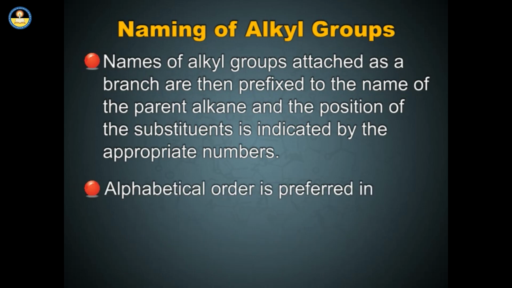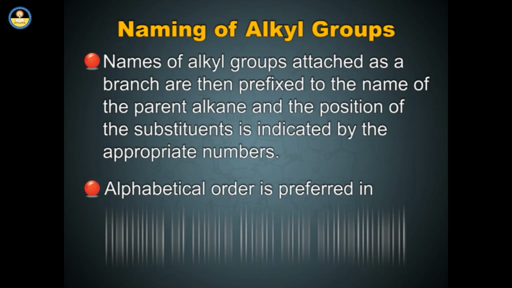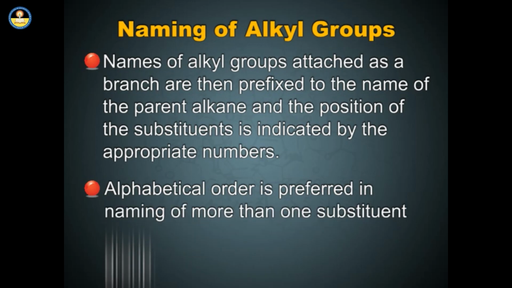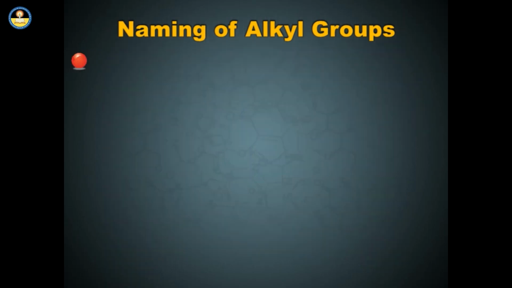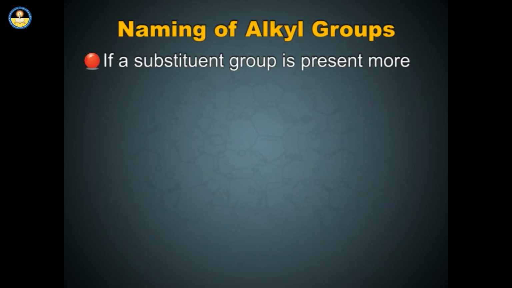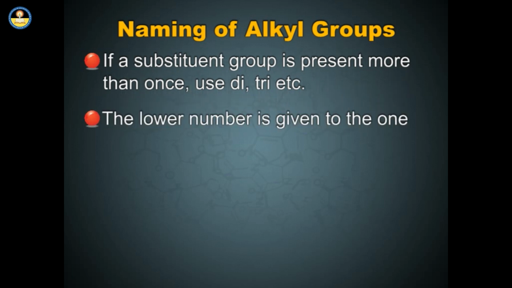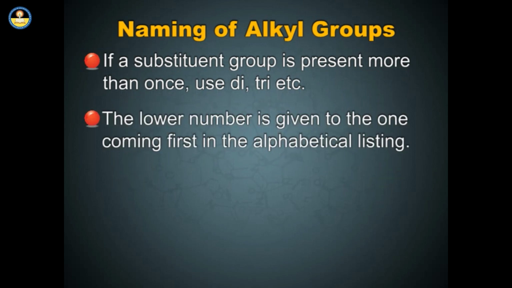Alphabetical order is preferred in naming of more than one substituent group. If a substituent group is present more than once, use di, tri, etc. The lower number is given to the one coming first in the alphabetical listing.